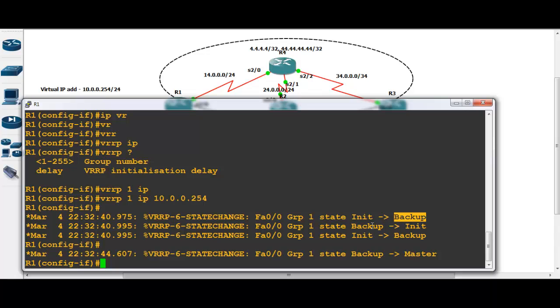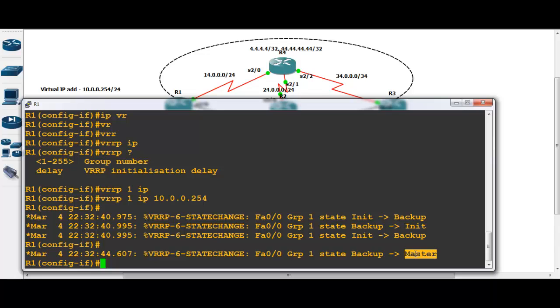No one responded, so from backup it again went to initiation state, and again said, I'll try one more time. I'll be backup, and still no response. For 2 seconds, and the third second it says, okay, I'm going to change myself to master. There is no one there to take the role of master, so this has become master.